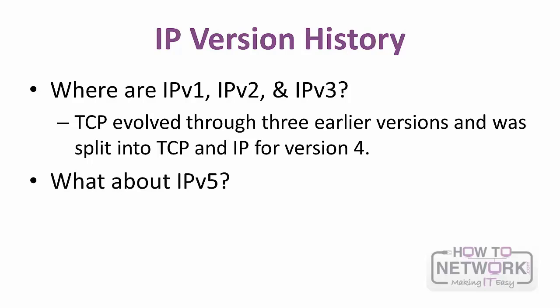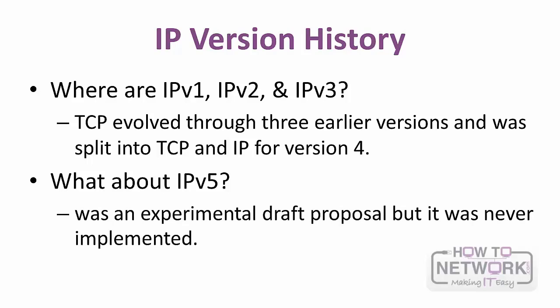Now you might ask yourself, okay, that explains versions 1 to 3, but what about IPv5? IPv5 was once, in the late 1970s, an experimental draft proposal in the IETF defining a real-time streaming protocol. It did not result in a standard deployed on production networks. It is actually called the Internet Streaming Protocol, ST, and later ST2. Internet Streaming Protocol version 2 was not designed as a replacement for IPv4.